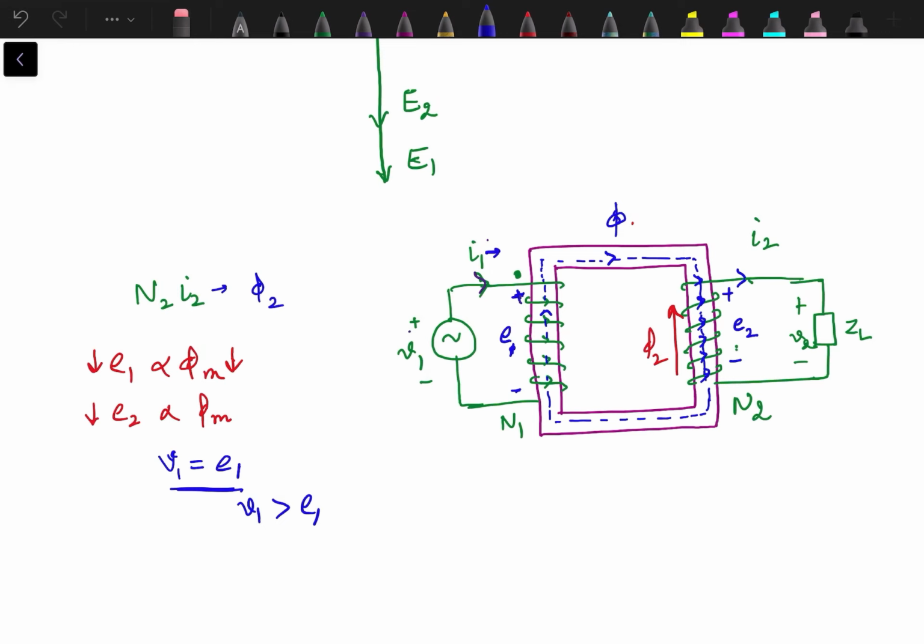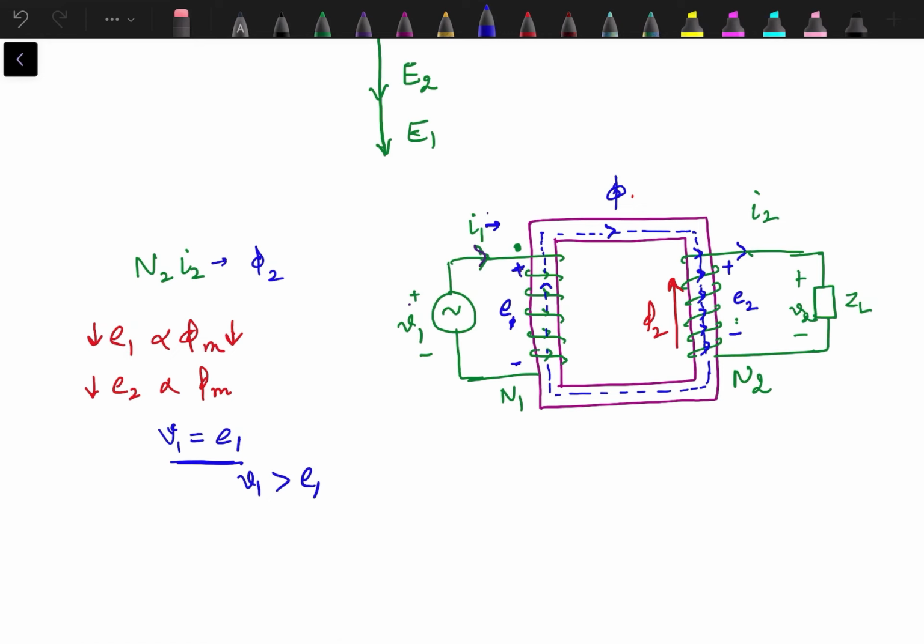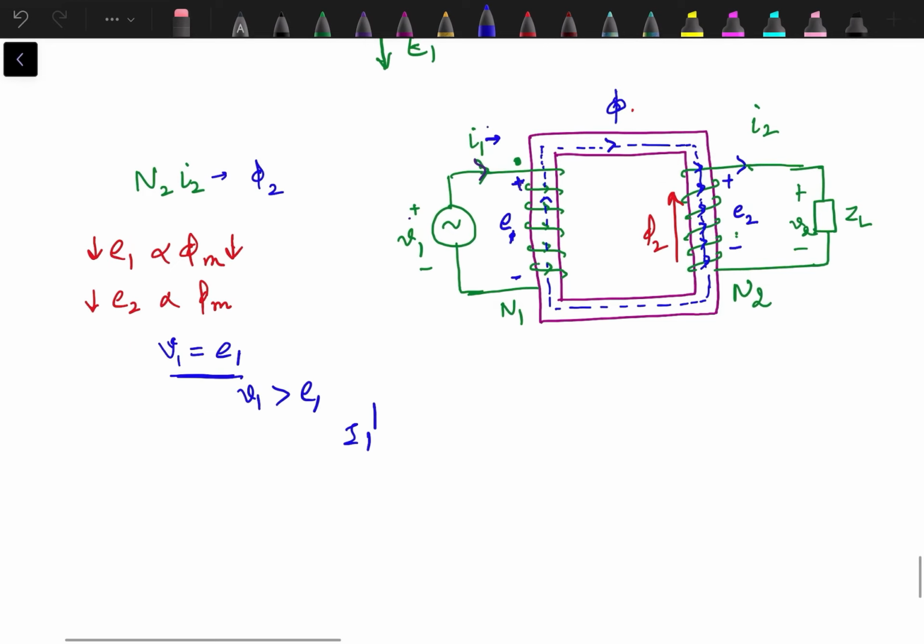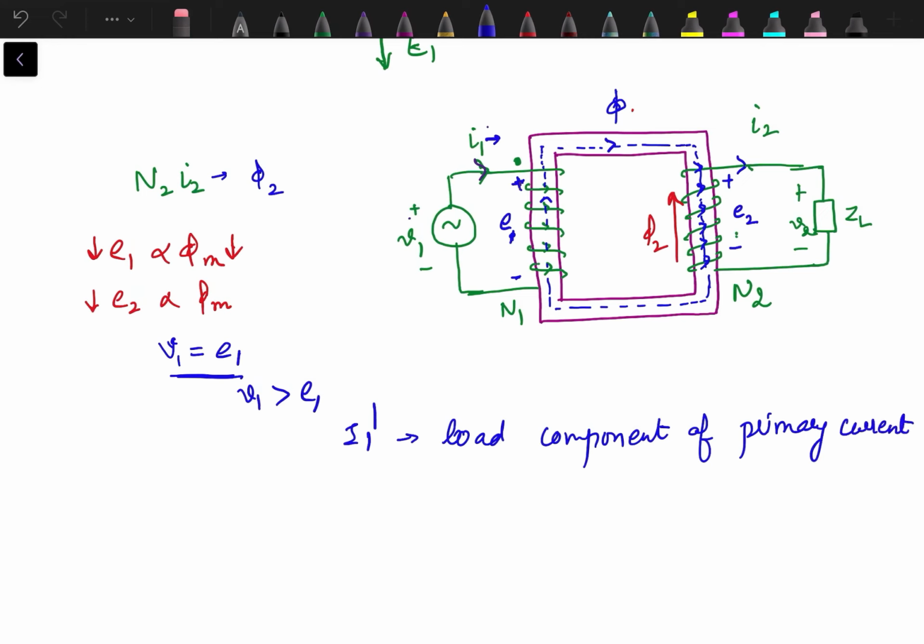So we have one additional current over here, which will be denoted by I1 dash. This I1 dash is known as the load component of primary current, since this one flows only when there is flow of I2.